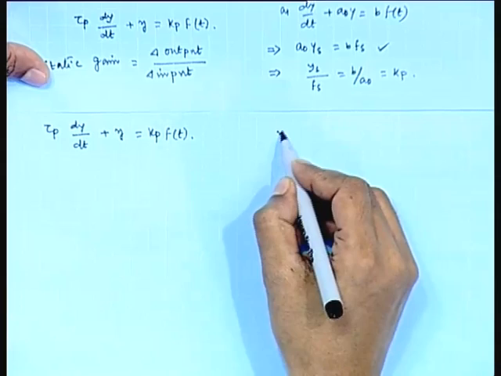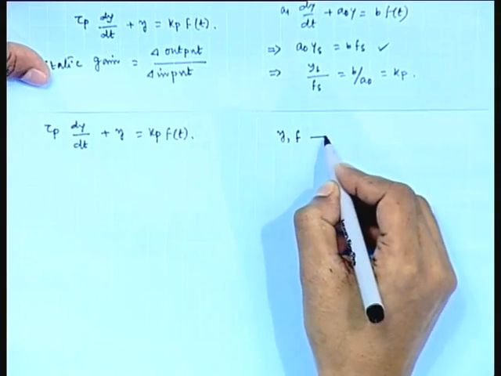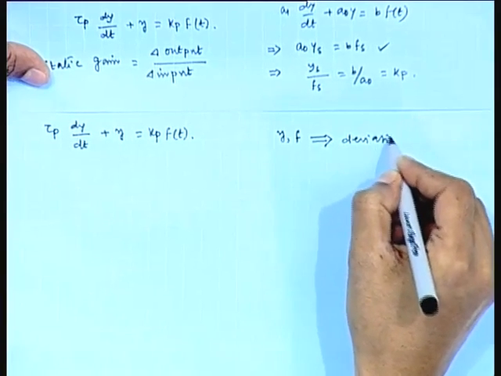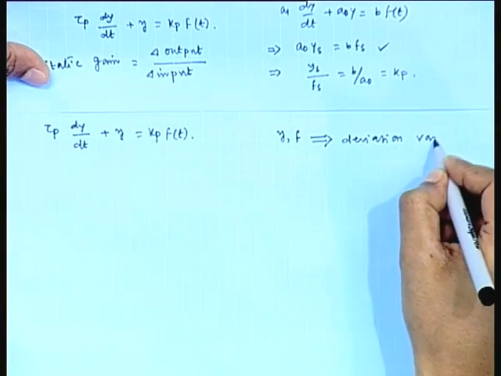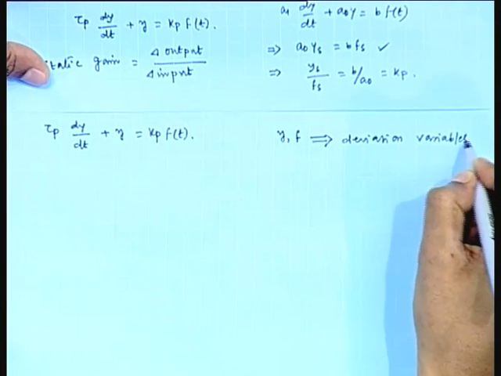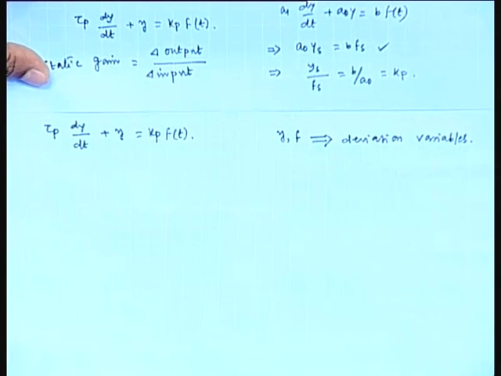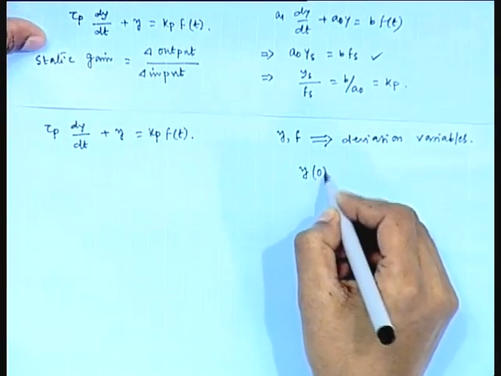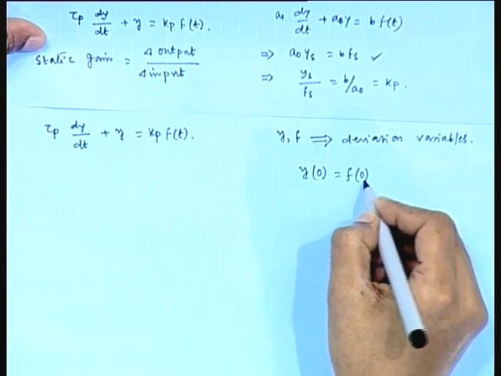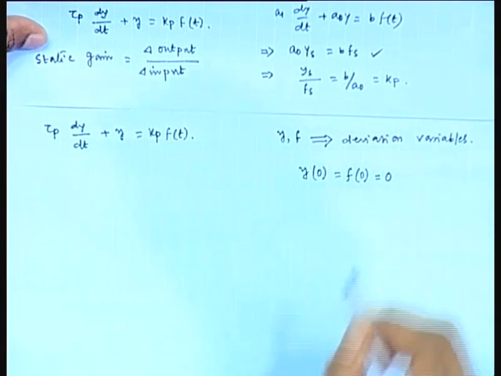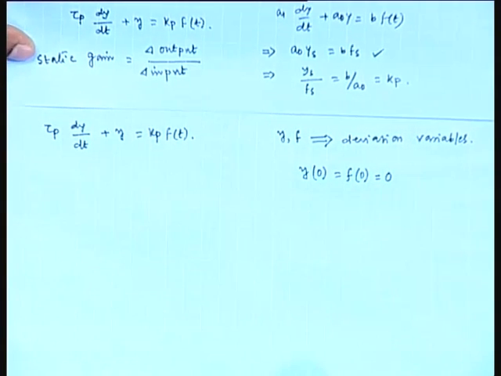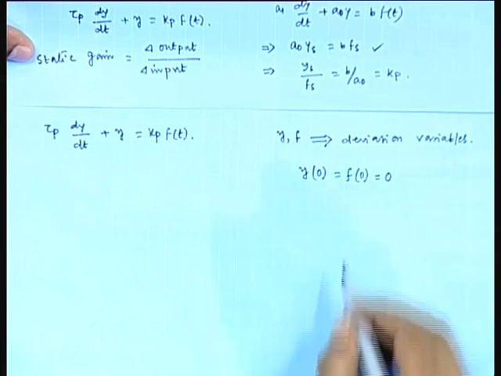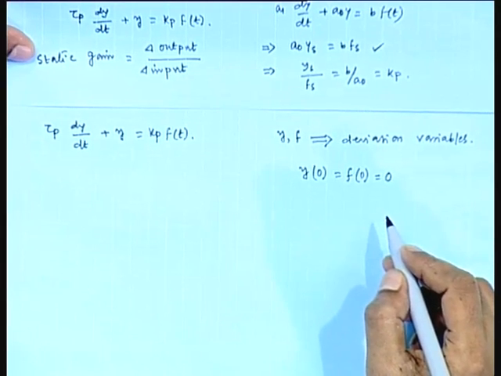So, y and f both these variables are deviation variables. That means y naught equal to f naught equal to 0. Can we write this? If y and f both are deviation variables, then we can write y naught and f naught both are 0.